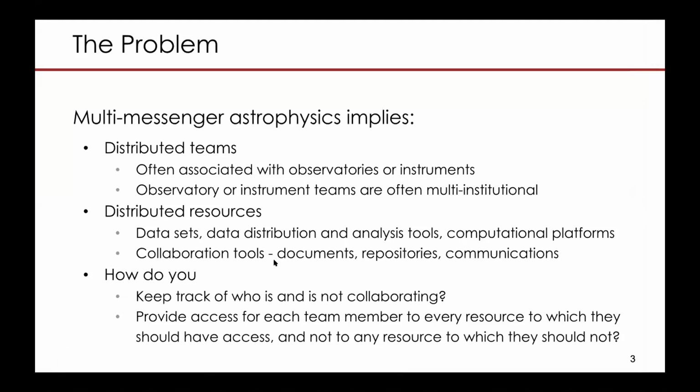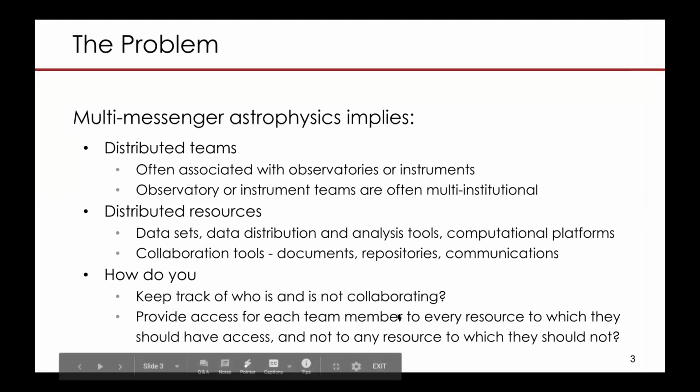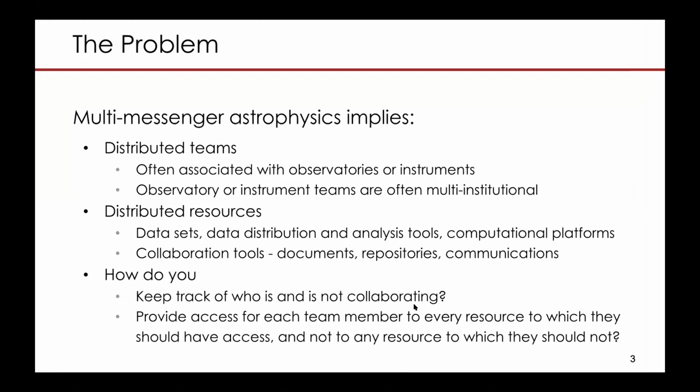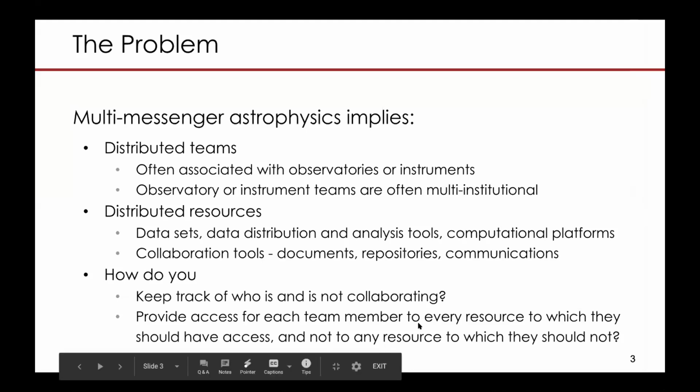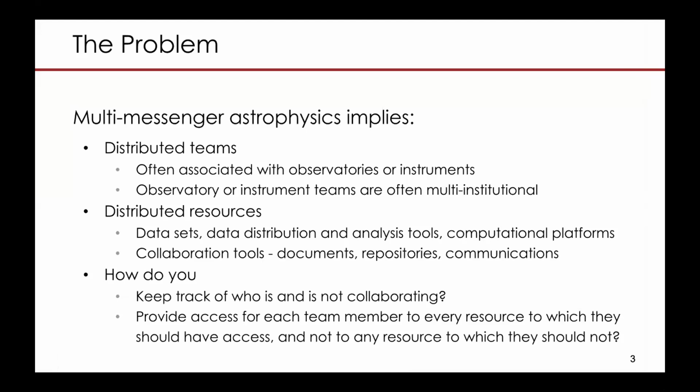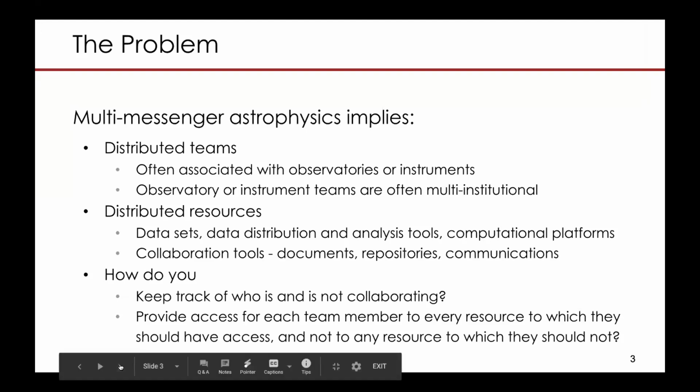So the question is, how do you keep track of everyone who is collaborating and who's not collaborating in a given collaboration? And how do you provide access for each team member to every resource? And make sure that we're not sharing resources more broadly than we intend to.